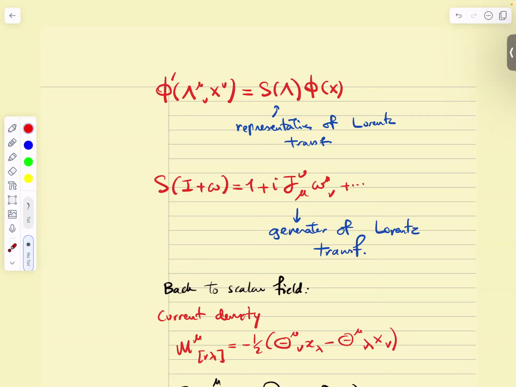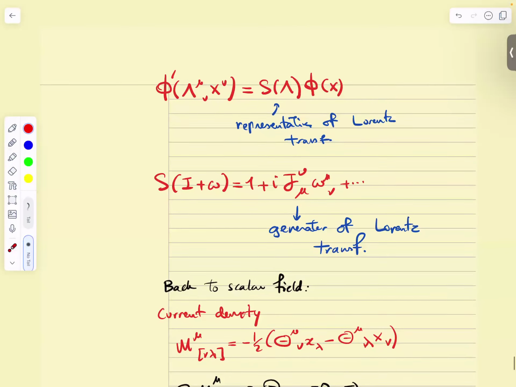For passive transformations, this is what we have. As you do a Lorentz transformation, these are passive transformations in my head, I have to tell you how this field transforms, and that's how it transforms. Then it transforms under a particular representation of the Lorentz group. Let me just finish this thought.